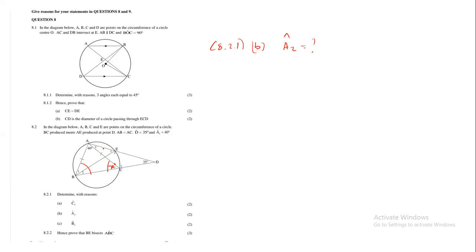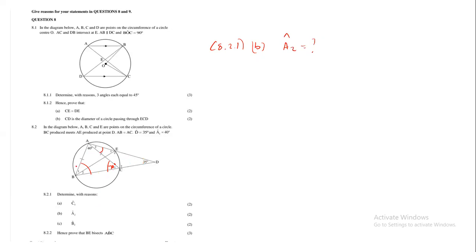Now, this is where angle A2 is located, right? So in this case, in order for us to determine A2, what are we going to use? You're asking yourself that, right? You have this angle, you have this angle, you also have this angle.